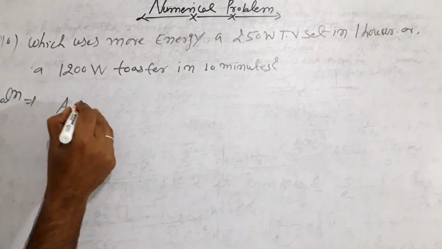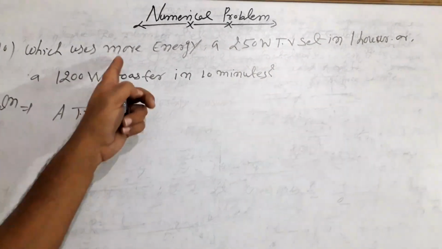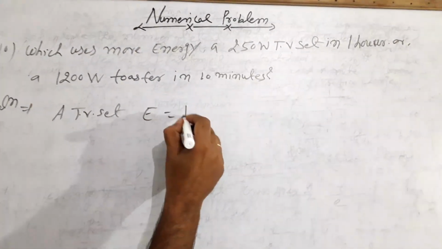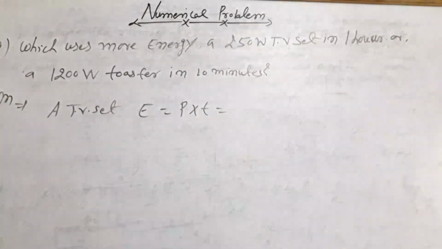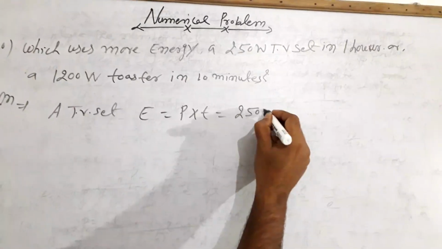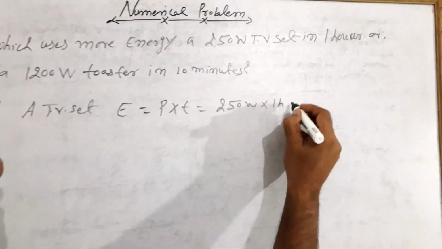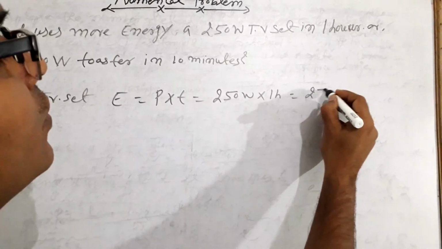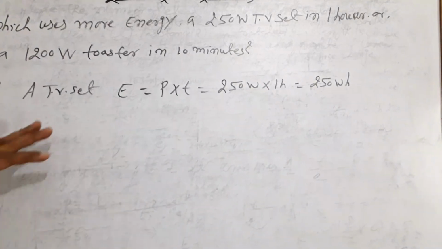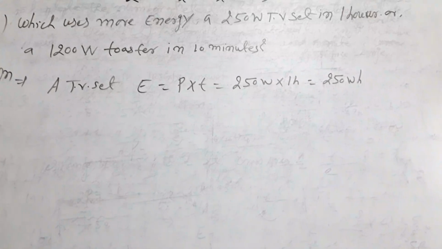You know that energy equals power into time, E equals P into T. The power given is 250 watt. Time is given as 1 hour. So it becomes 250 watt hour. So the TV consumes 250 watt hour of energy.